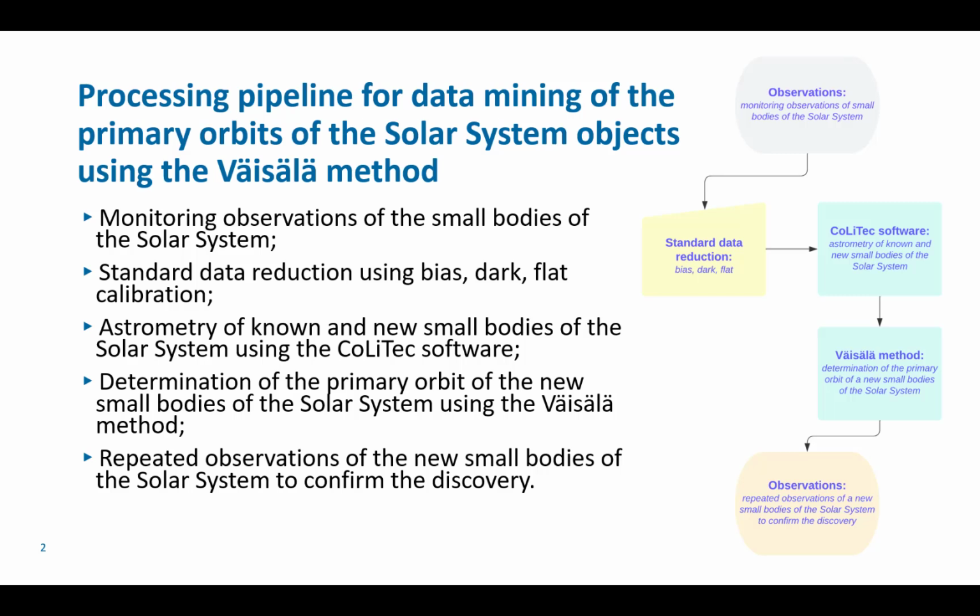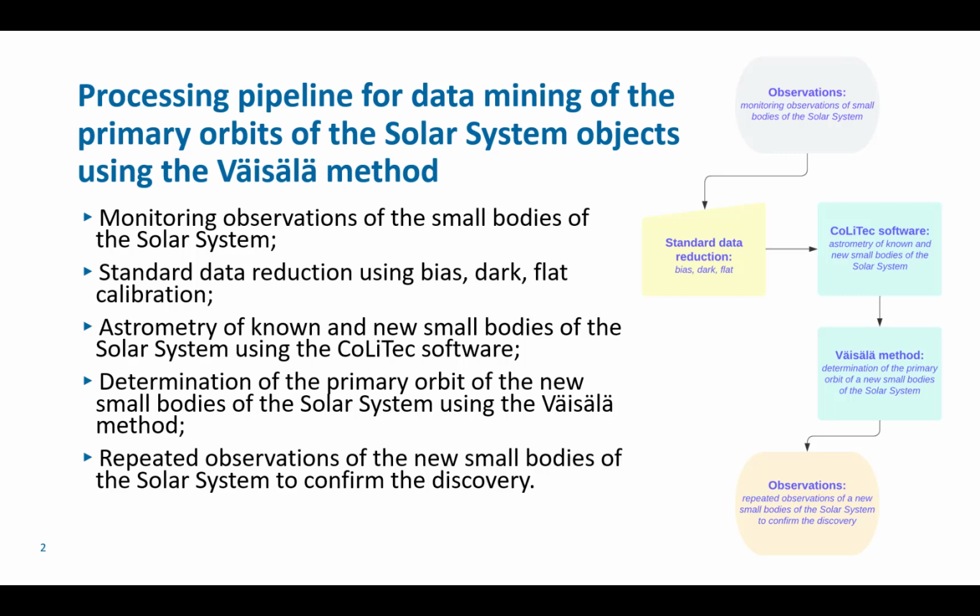For such an algorithm, we selected a combination of the classic Väisälä method and a processing pipeline in the Kalytek software. This algorithm makes it possible to estimate the geocentric rectangular coordinates of the investigated object, as well as to find the Keplerian elements of the object's orbit.